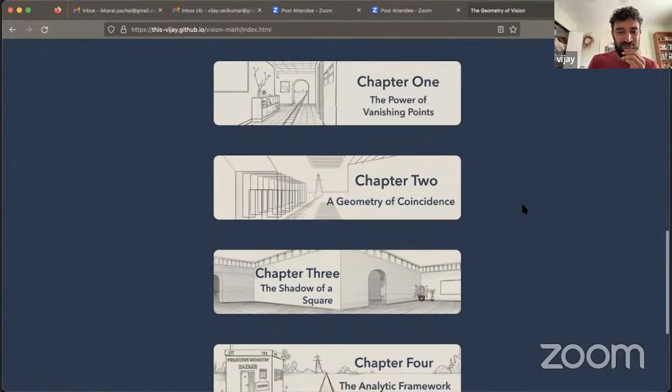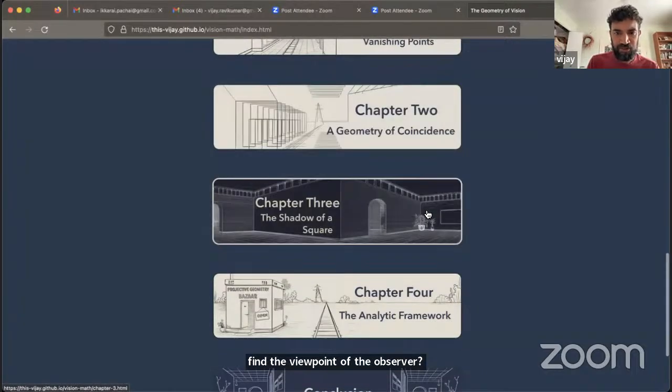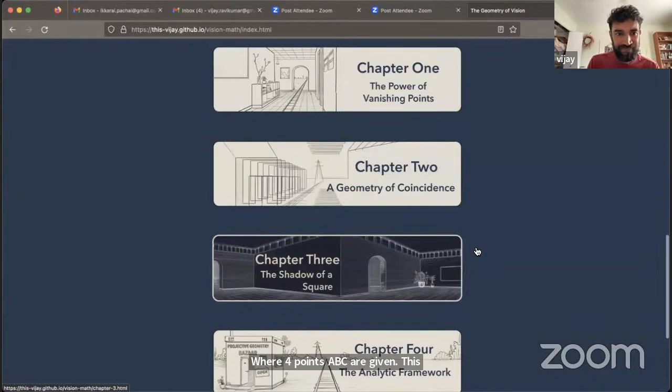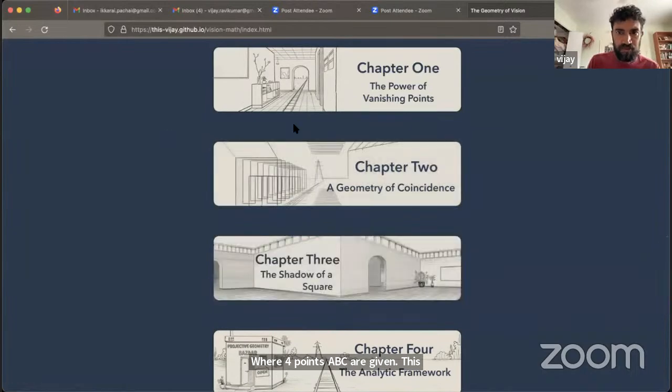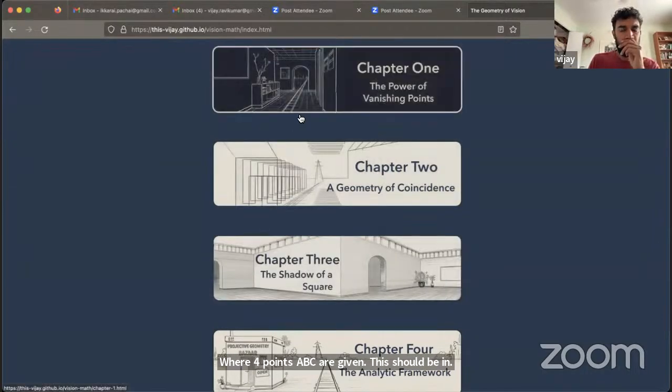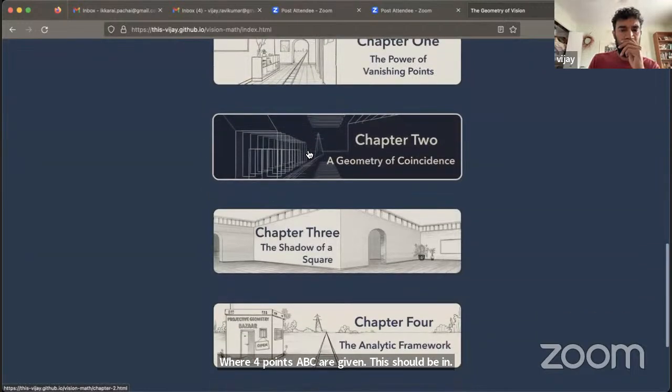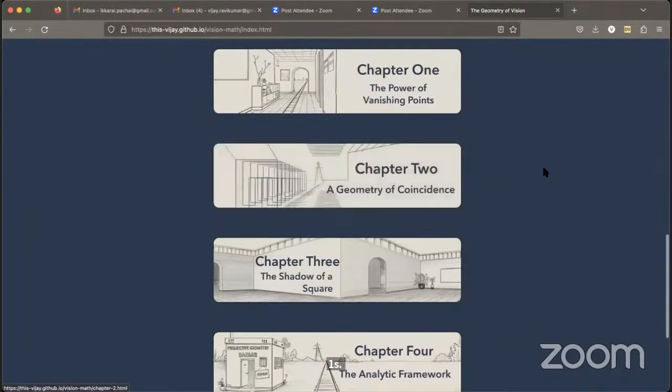Sorry, where was that question though, where we're trying to find the viewpoint of the observer, where 4 points A, B, C are given? Sir, it was about, first of all, we have considered some tiling in 2-point perspective, which is square. Then we have to find the viewpoint.